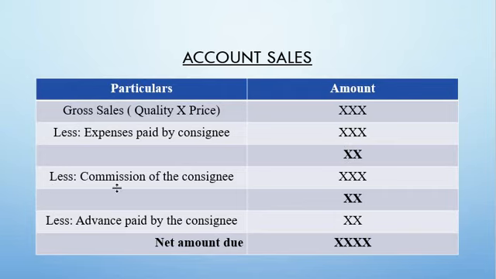Next, less commission of the consignee for selling the goods. When the goods have been sold by the consignee, the consignor gives some amount of commission. This commission is given to the consignee, so the consignee deducts the amount of commission as well.